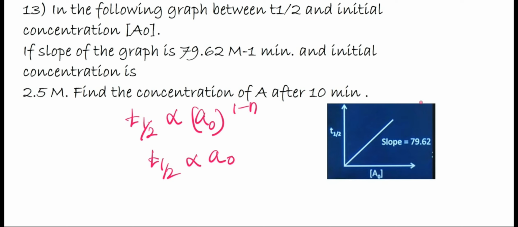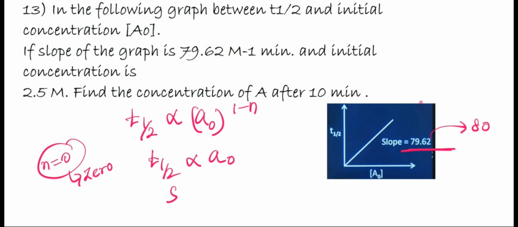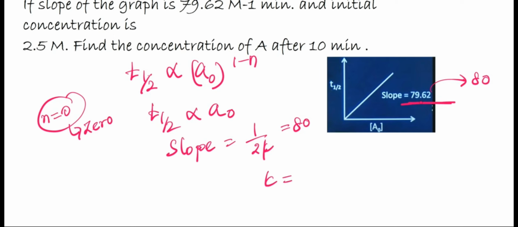Which refers that n is equal to 0, only then it will become A naught. So n is equal to 0, that is a zero order reaction. Correct. So the slope is given as 79.62. So I'm going to take that as 80. So slope, which is 1 by 2K for a zero order reaction, is 80 now. So K value becomes 1 by 160.